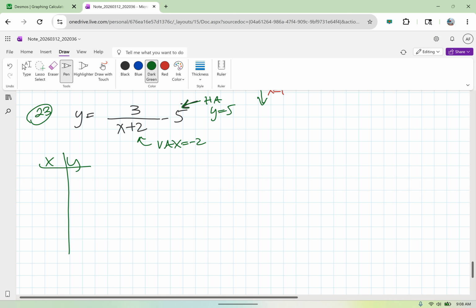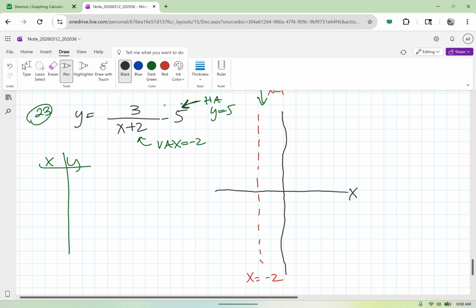To be able to determine some smart x values, graph your asymptotes first. So x equals -2 and y equals -5.